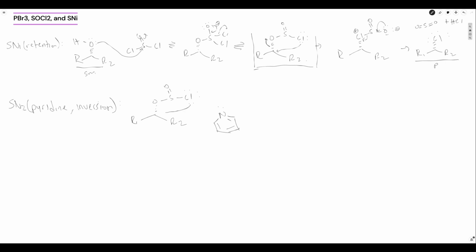The SNI can happen, obviously, but if the pyridine is present in sufficient concentration and attacks more quickly, and this should be a pretty fast attack, then it disarms this moiety from doing the SNI that we previously talked about. So here's the mechanism. This goes like this, and we get this.